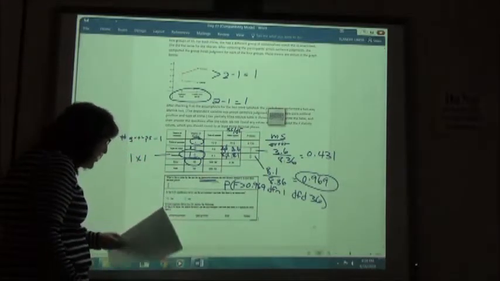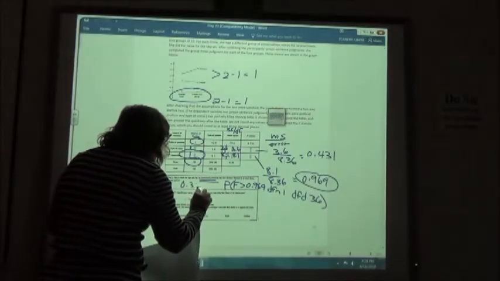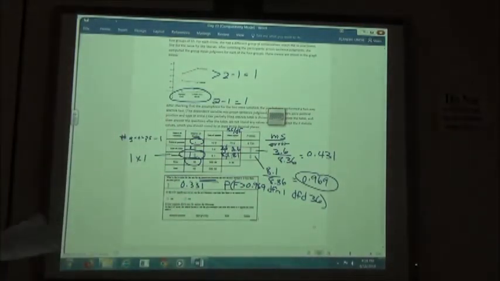And so I should come up with 0.331. So we are going to then test this.